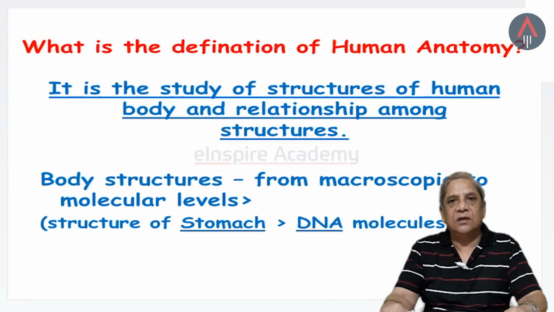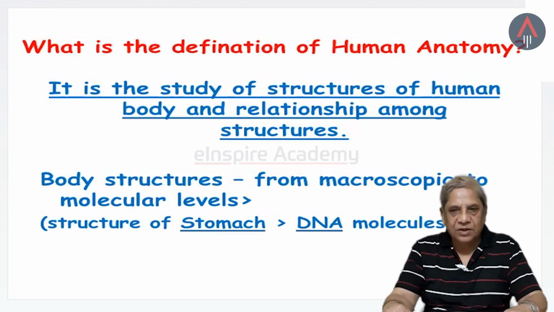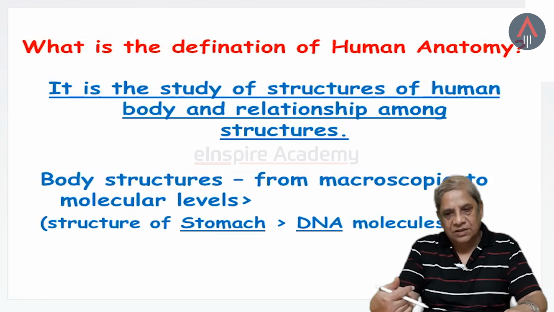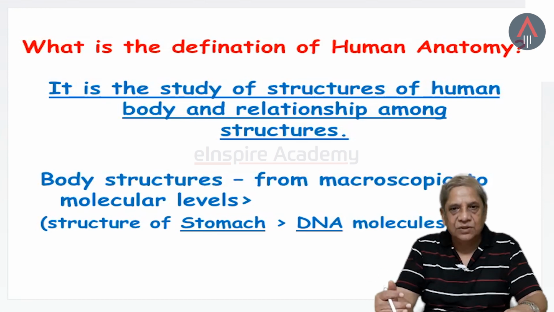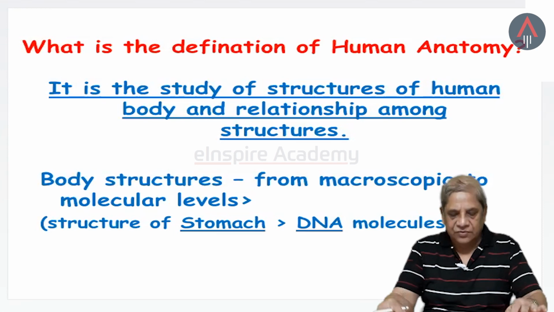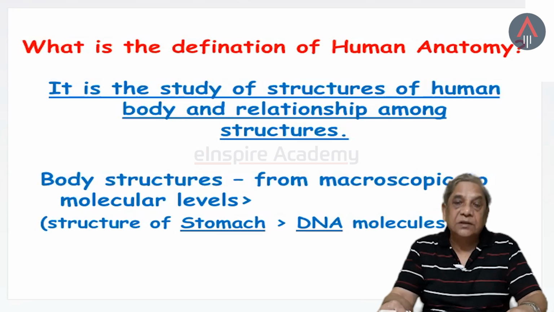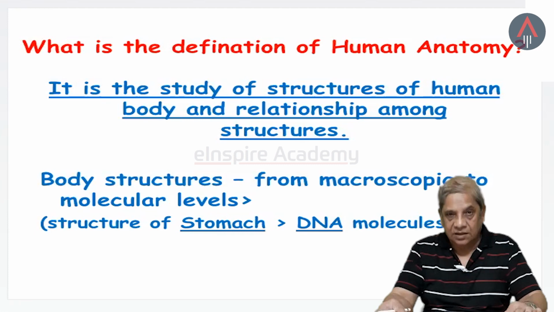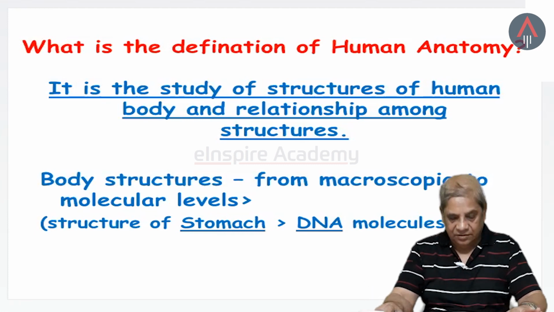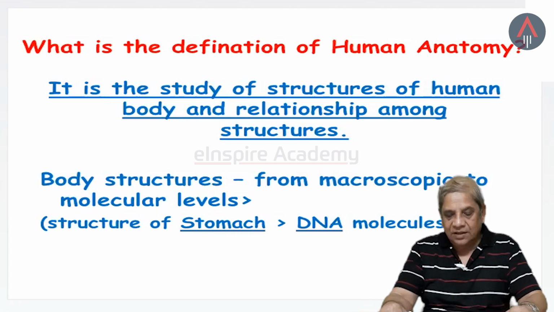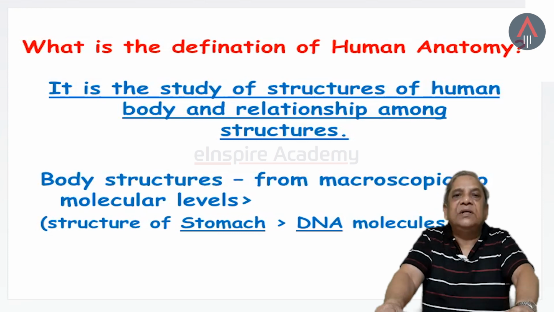What are the other organs or structures which lie behind the stomach? What are the structures lying above? What are the structures lying below the stomach? That means how the stomach is surrounded by various other anatomical structures, organs, blood vessels, and nerves. Then only the study of the stomach will be completed.